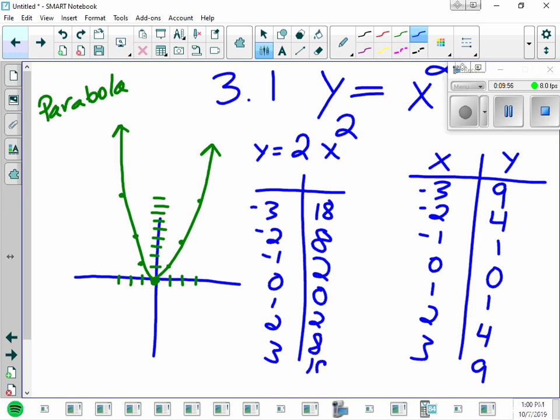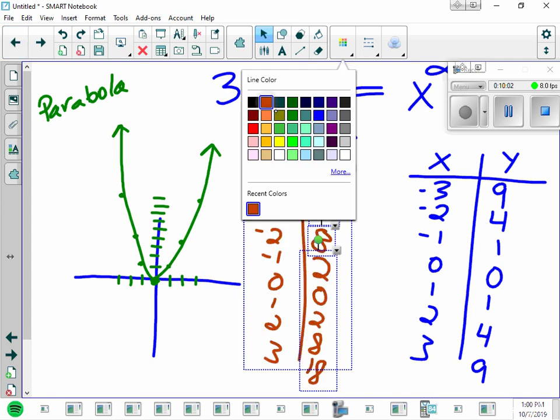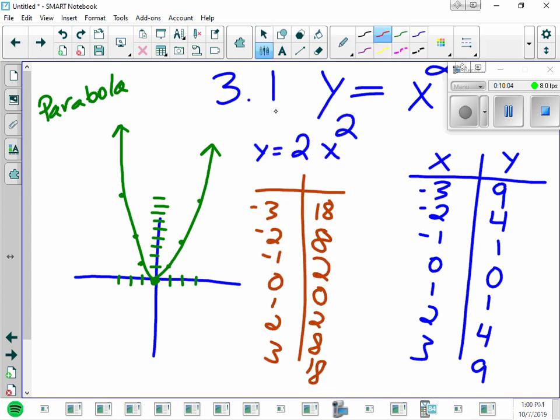And if I graph those, let's actually make these red. So I'm going to graph the new points there and right there.